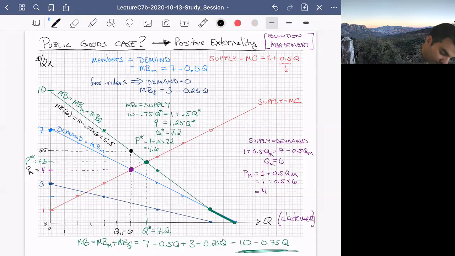And so the market equilibrium is going to be evaluated along this line here at 4, where consumer surplus is going to be a trapezoid. And then producer surplus is going to be the triangle underneath.